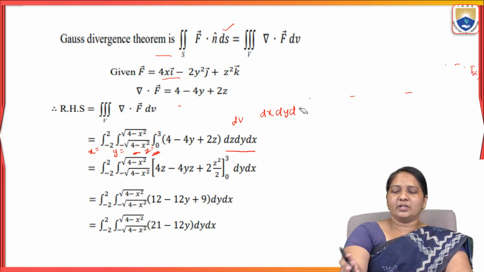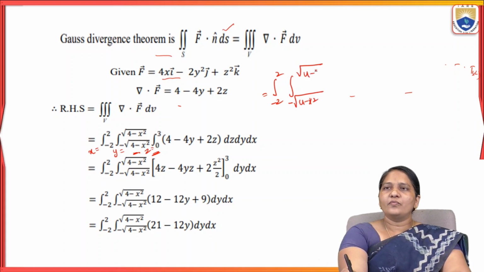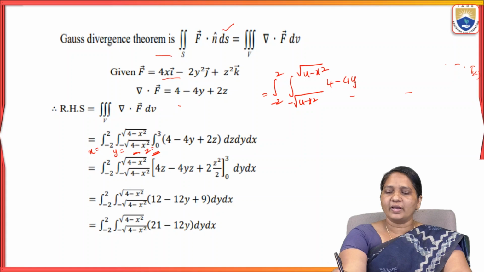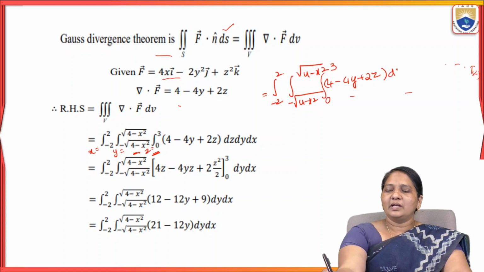Now we are integrating the function. The integral from minus 2 to 2, integral from minus square root 4 minus x square to square root 4 minus x square, of 4 minus 4y plus 2z, with z limits 0 to 3, dz dy dx.